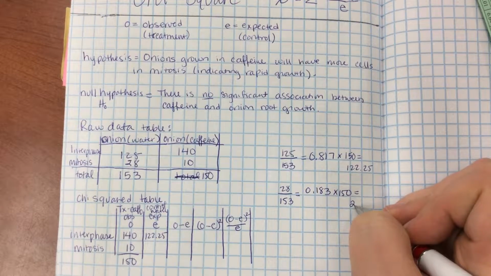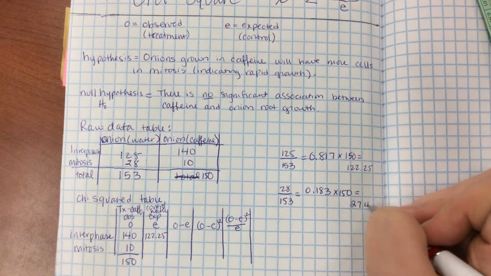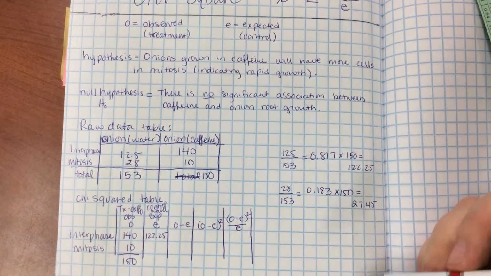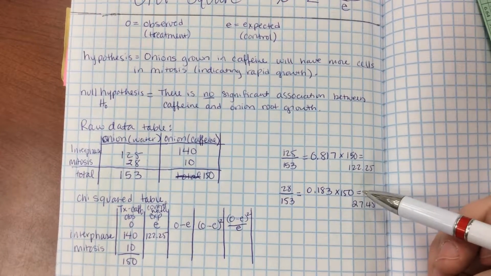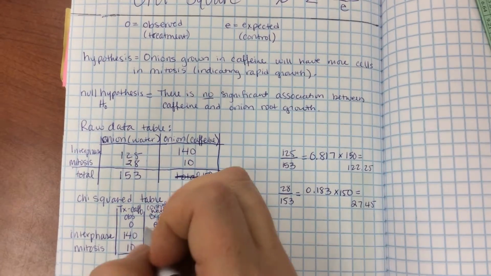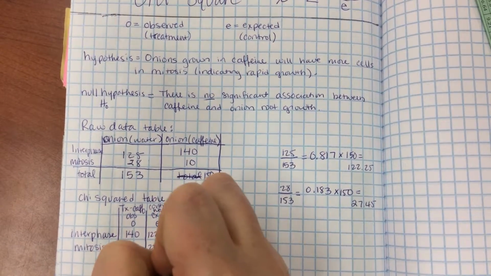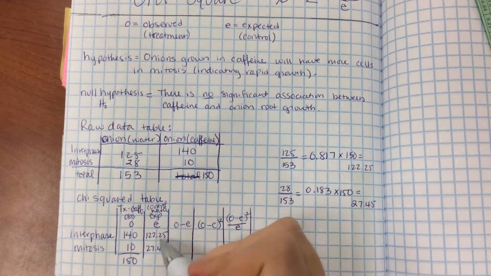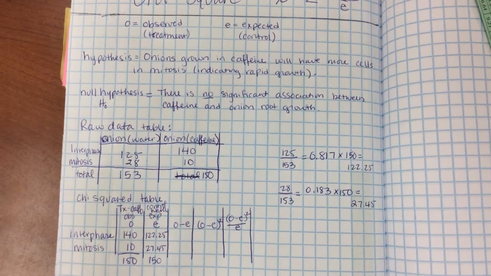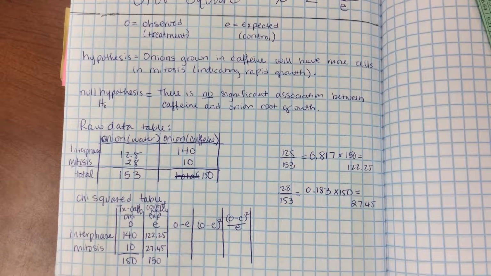And I am going to get 27.45 cells. So if I only had 150 cells to count in the water, then I would expect about 27 of them to be in mitosis. And now when I add these two numbers up, I get 150. So that is awesome, and we can proceed.